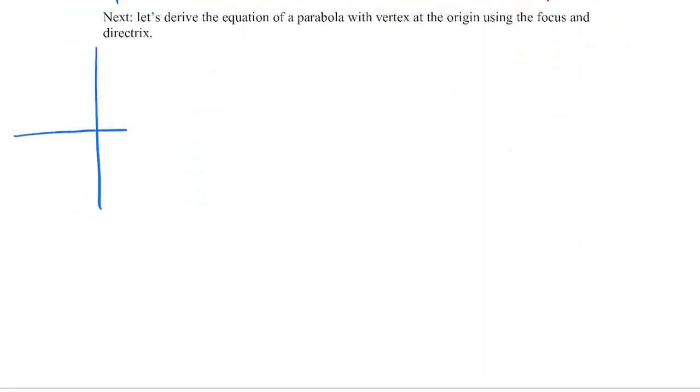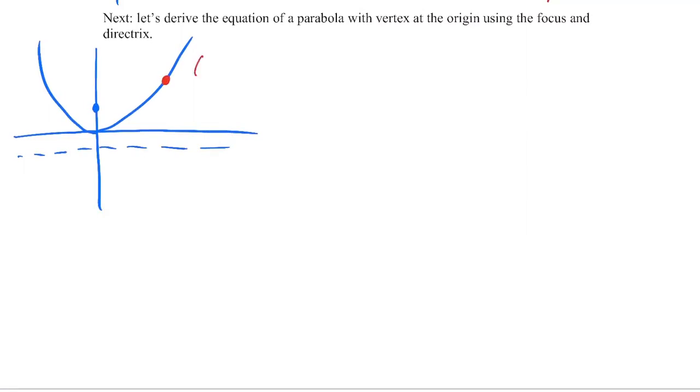So, for an arbitrary point on my parabola, we'll pick one this time out over here. I've got some coordinates, x and y, and that's a distance, and that's also a distance. And we know that those two distances are the same.